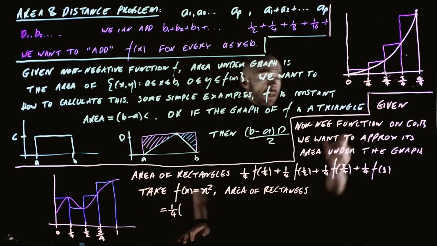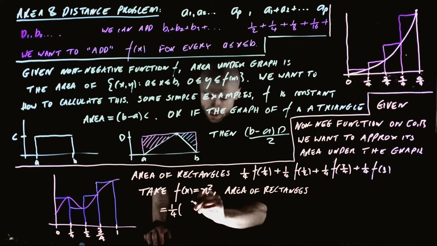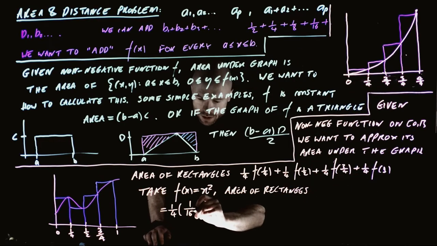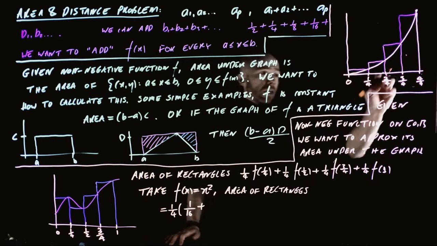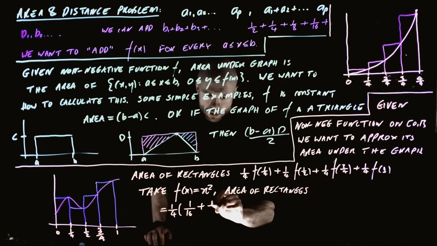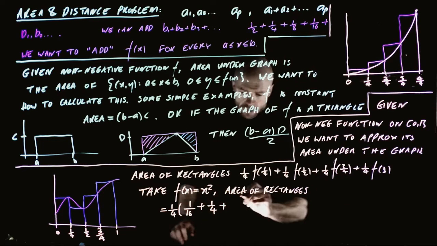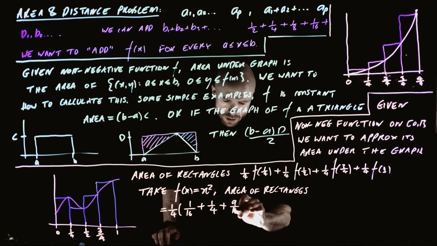Then I just have to think about the height of each one of these, right? The first one, since this is x squared, will have height 1 over 16. The next one has height, this is 1 over 2, so it's going to be 1 over 4. The next one will have height 9 over 16. And the final one will have height 1.